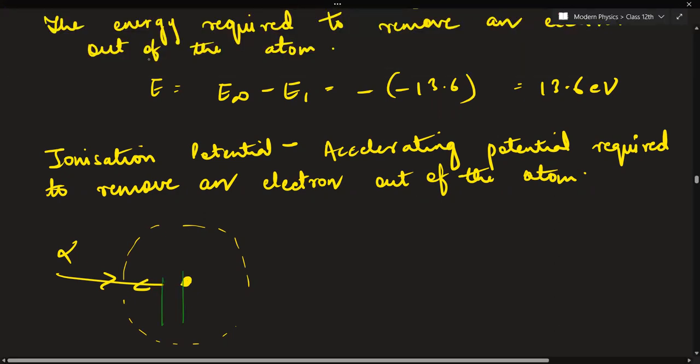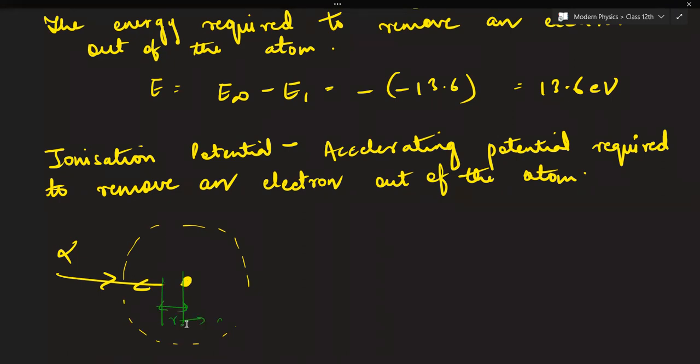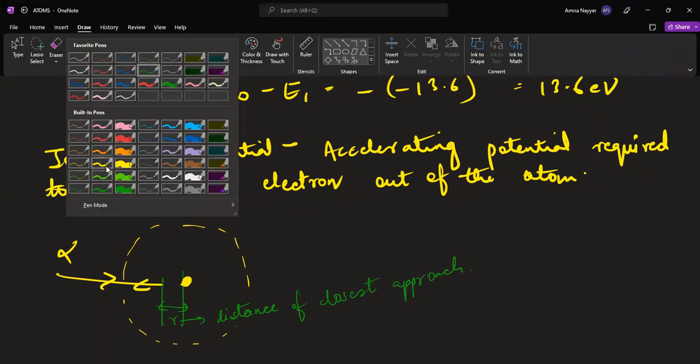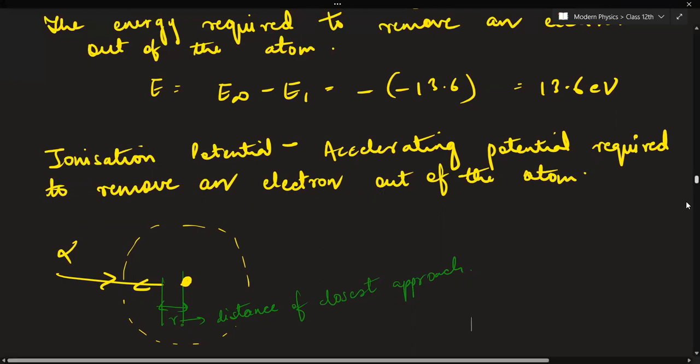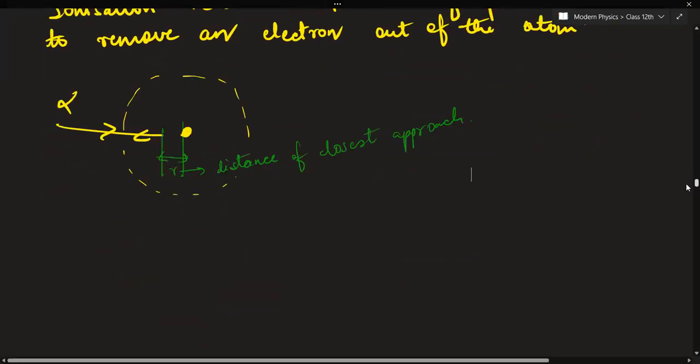So this radius that is obtained is known as the distance of closest approach. And the second thing that I'm mentioning is the impact parameter.